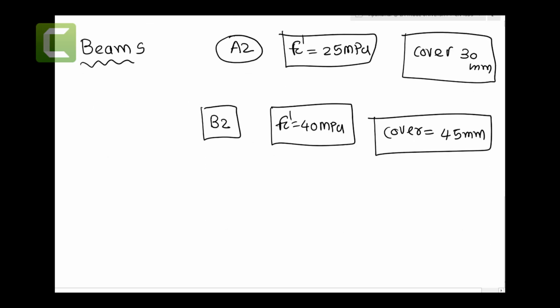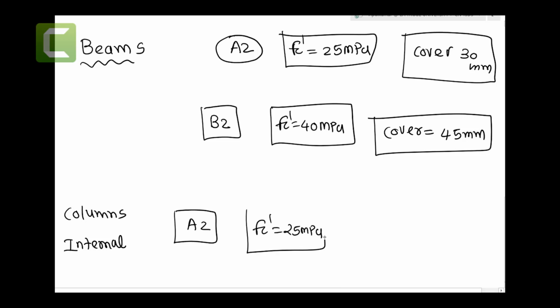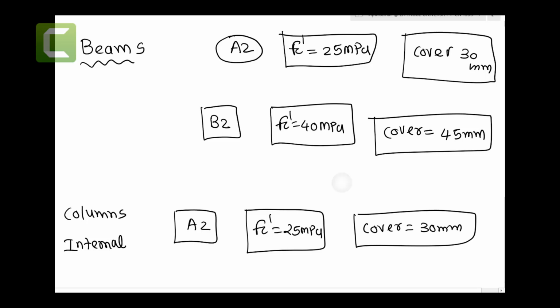Now let's do the columns. Again, internal columns. Classification is A2 for internal. For that case, we have f'c, just repeating, 25 megapascals minimum, and we're going to provide cover 30 millimeters for the columns.